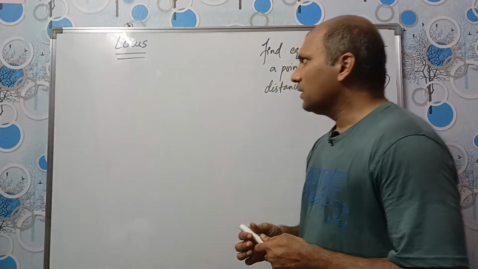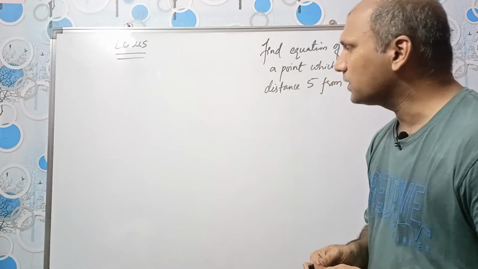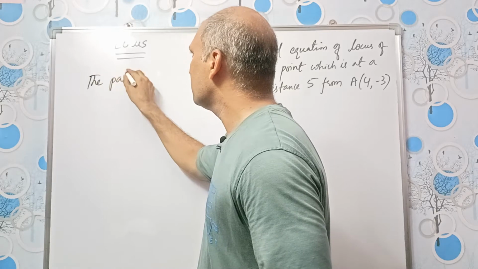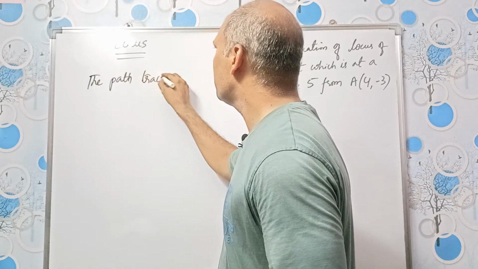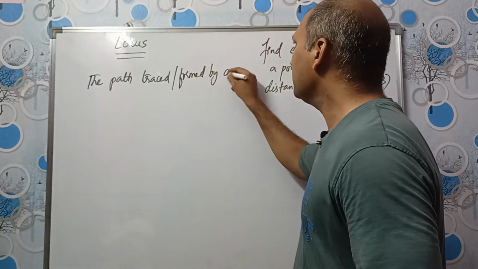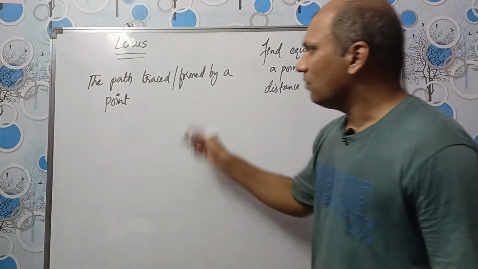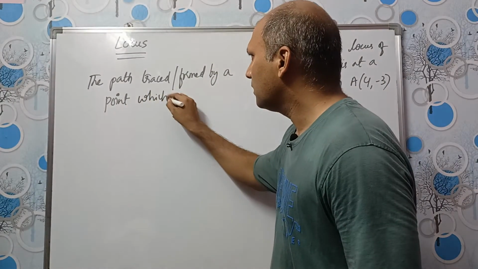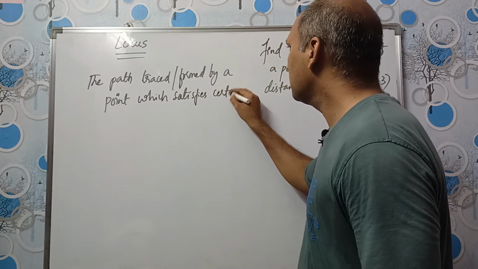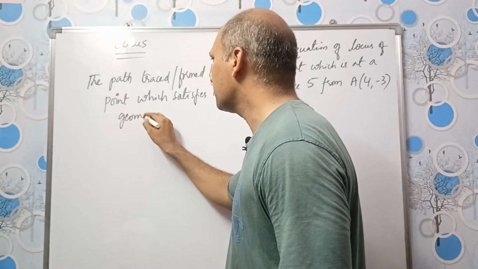And see, what is the definition of locus? Definition of locus is, the path traced or formed by a point, which satisfies a certain geometrical condition.